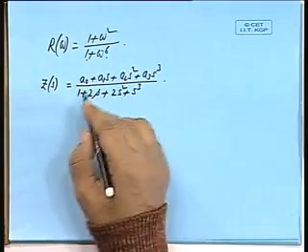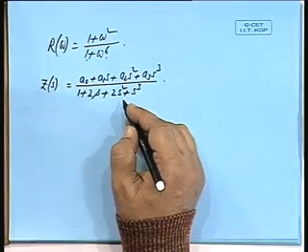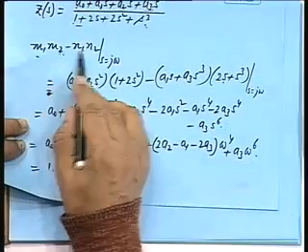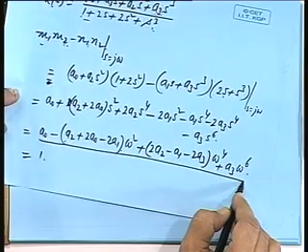Now after all this, we got m1 m2 minus n1 n2 as this, so we shall be using this.